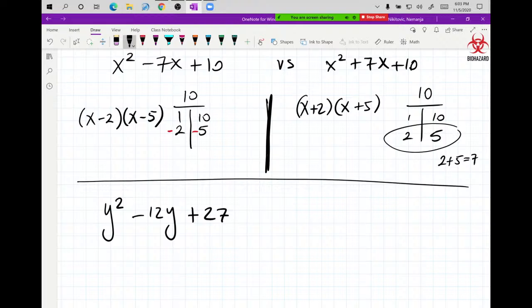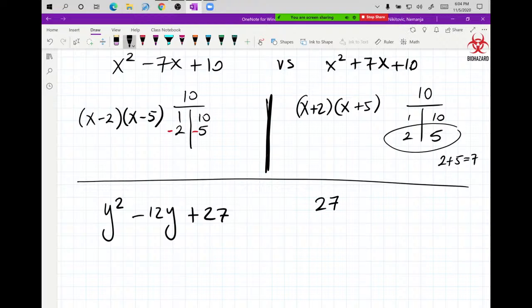Negative 3 and negative 9. No, I was just giving the two numbers. Oh, okay. Yeah, but it is negative. I know. Oh, okay, good. As long as that makes sense, then we can move along.